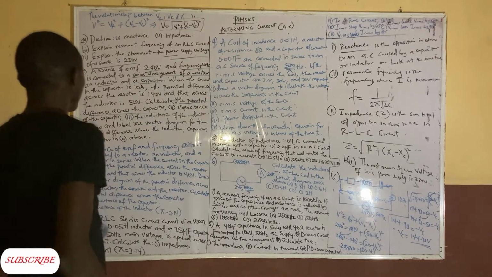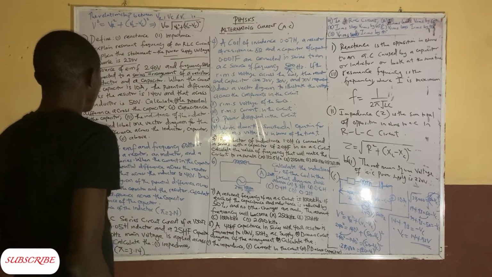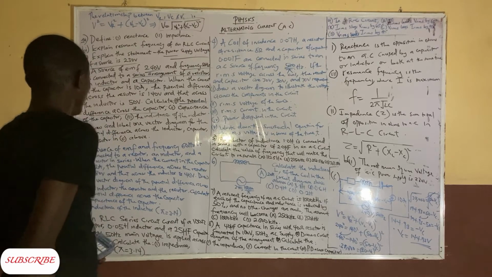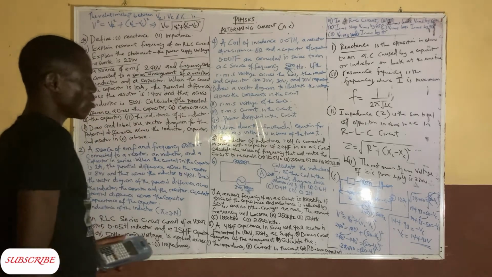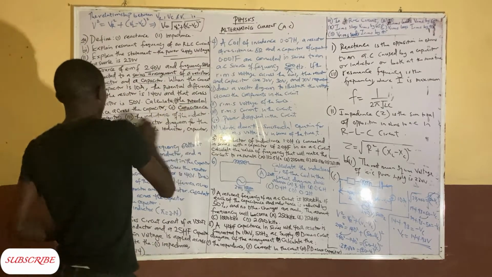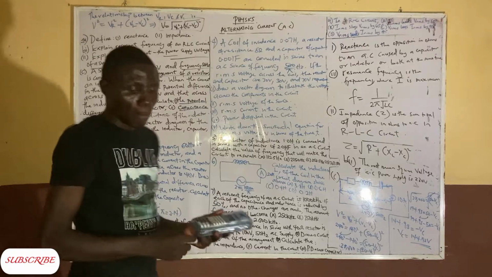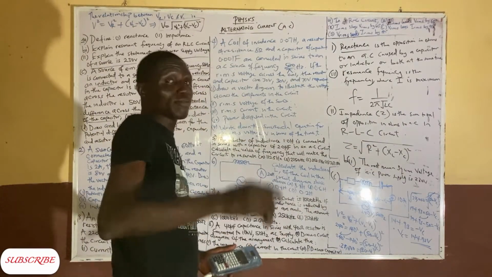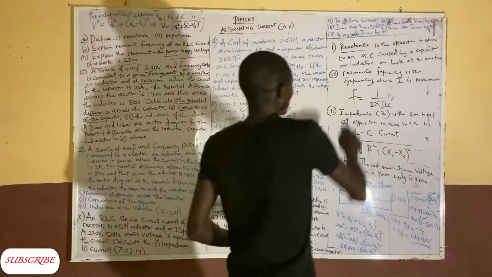We are told to calculate the capacitance of the capacitor. When I talk about the capacitance of the capacitor, it's different from the capacitive reactance. So you have to know what you are about to calculate.